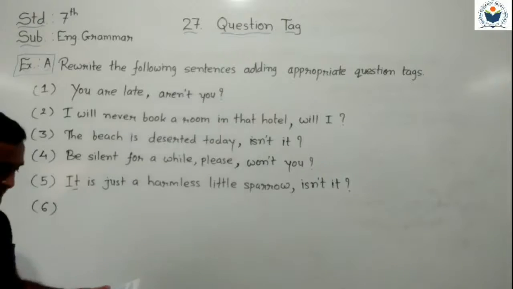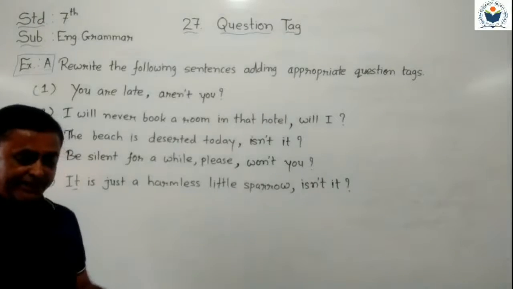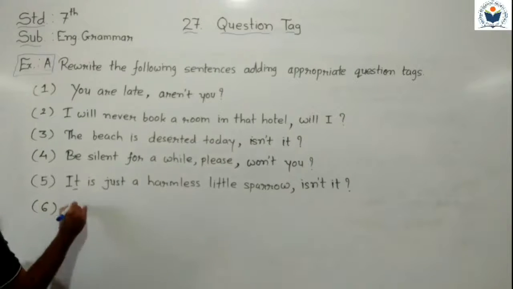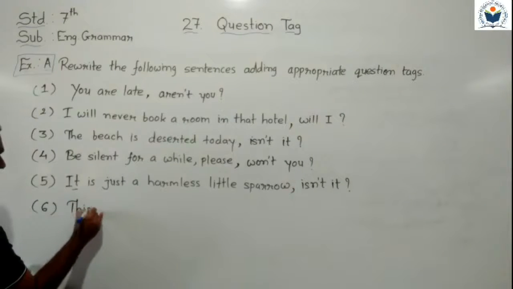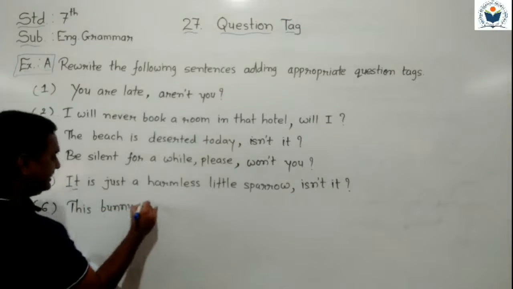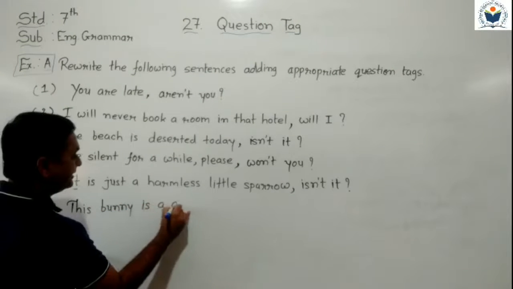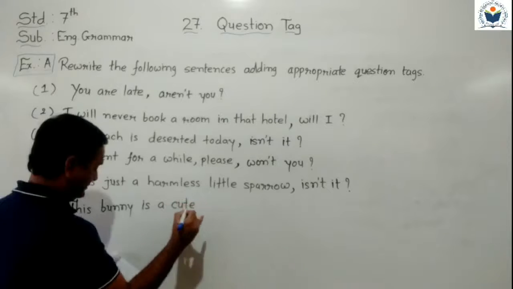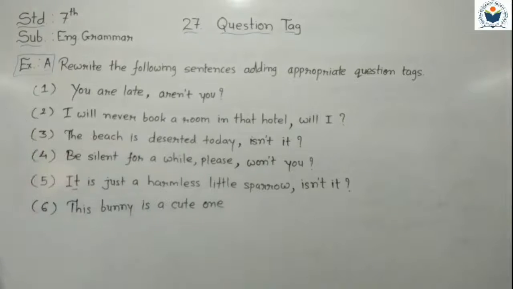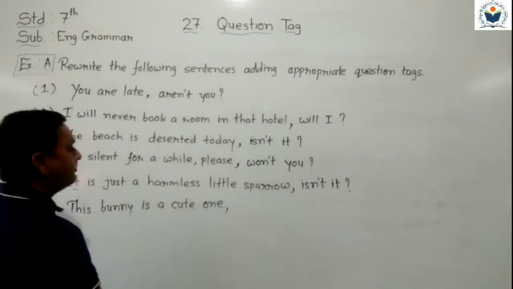Now sentence number 6 we have to see. Sentence number 6 is given here: This bunny is a cute one. Okay student, this bunny is a cute one. So you have to write it here, then a comma.